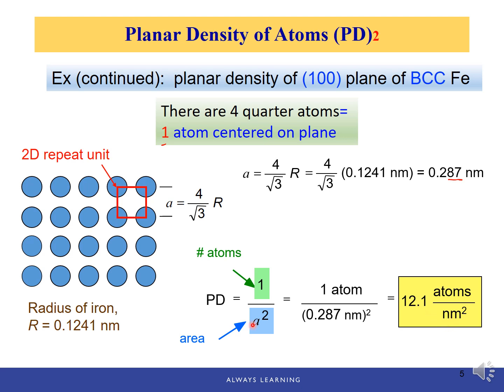Keep in mind the area is not always a squared. a squared is only for the 100 plane, which is one of the surfaces of the cube. But if you're looking for the 111 plane, for example, or the 110 plane, the area will be a different value.